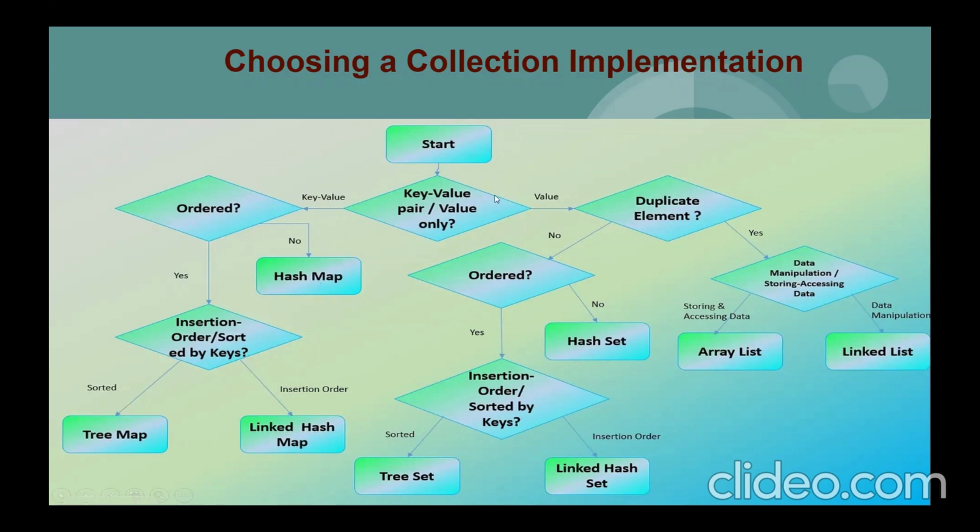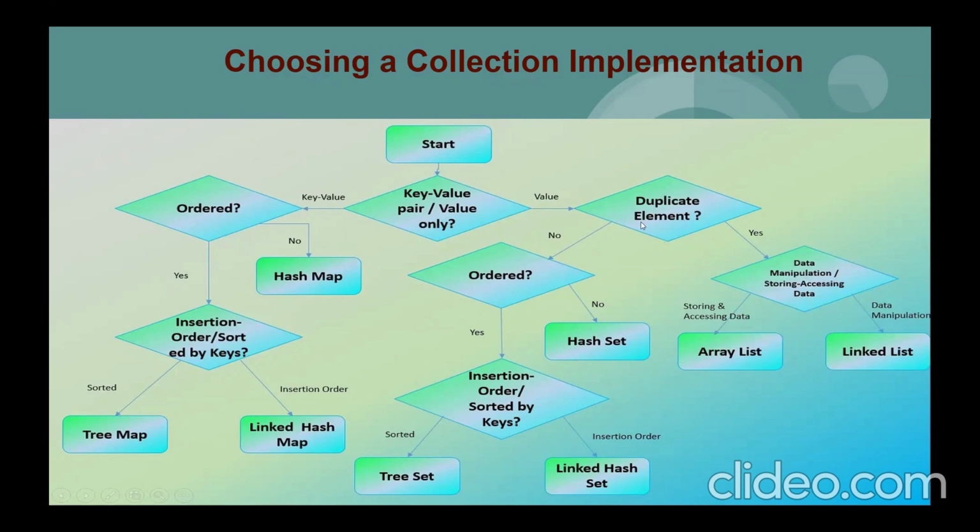How about when you don't have key-value pairs, only values? Then check whether your values are duplicate. If they are duplicate, use the list. If you want to store and access the data, use the array list. If you want to do manipulations like deletion and modification, use a linked list. But if you don't have duplicate elements, set is the mechanism.